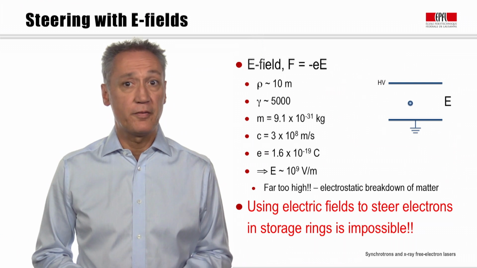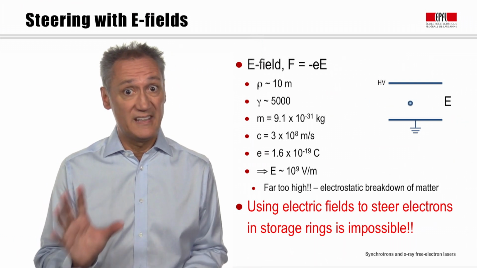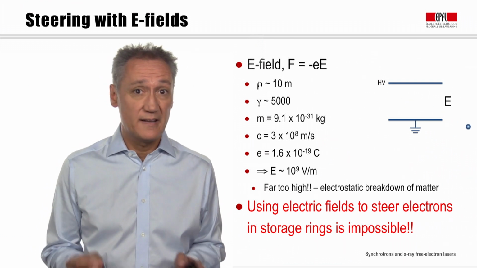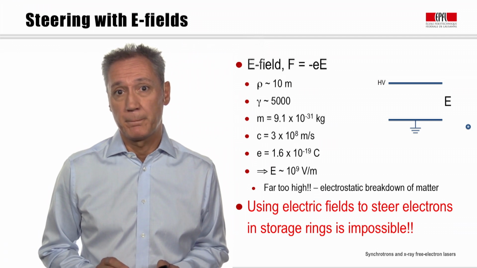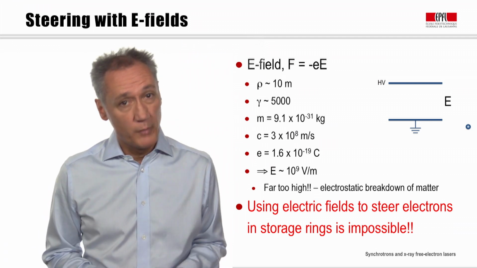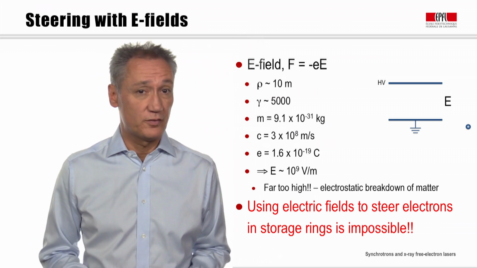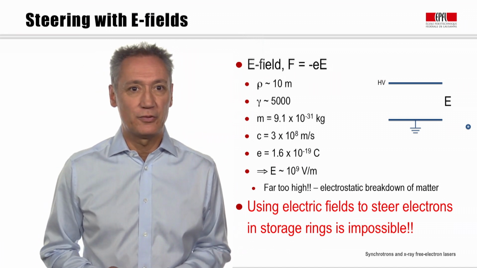Let's first consider the use of an electric field. First, don't get confused with E here with the energy of the electron. E here actually means the electric field strength or amplitude. As we will see in just a moment, we can discount the electric field as a reasonable candidate for steering electrons. So let's tolerate this slight ambiguity for the meantime.